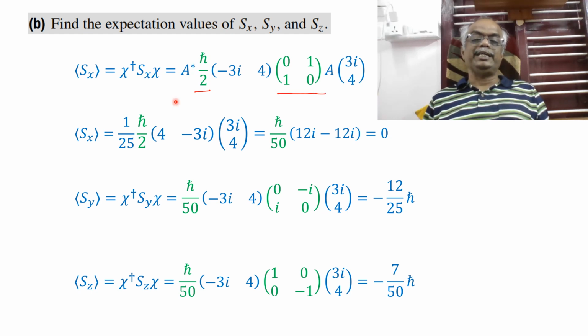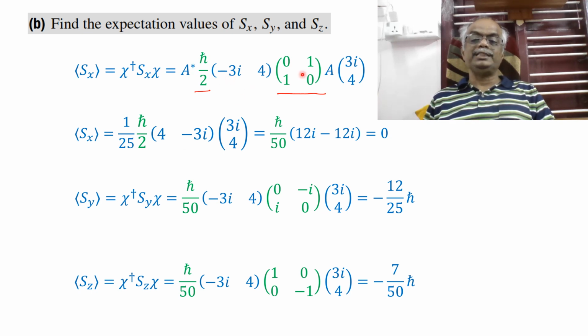You can take the normalization constant A as 1 over 5. So 1 over 5 into 1 over 5, you will get 1 over 25. Then you have h cross over 2.